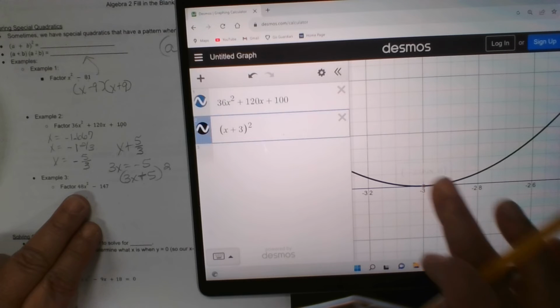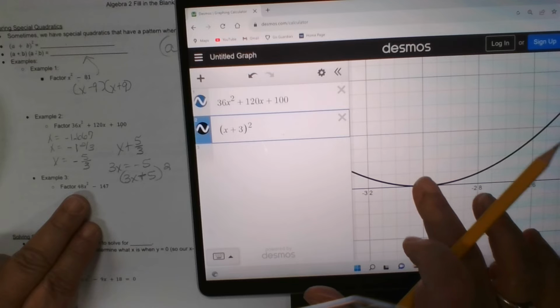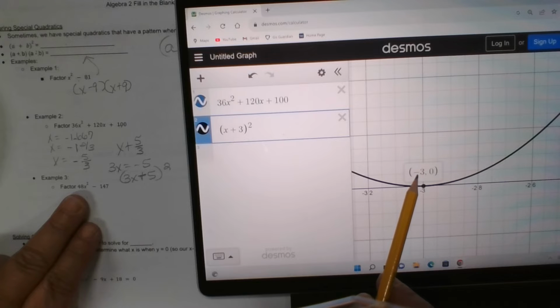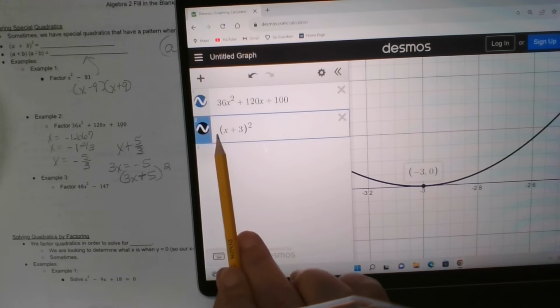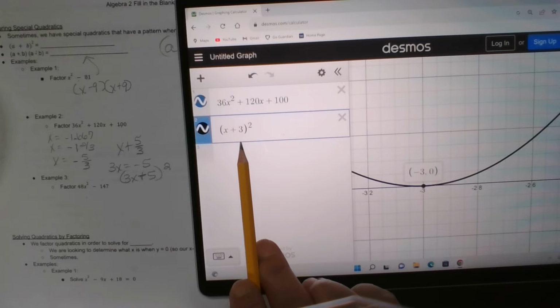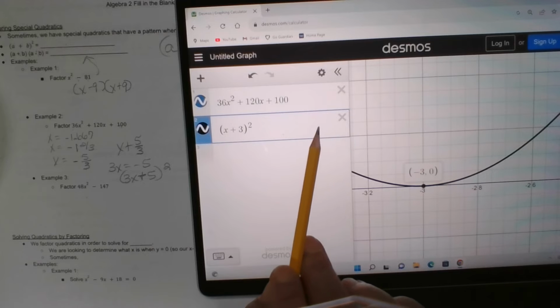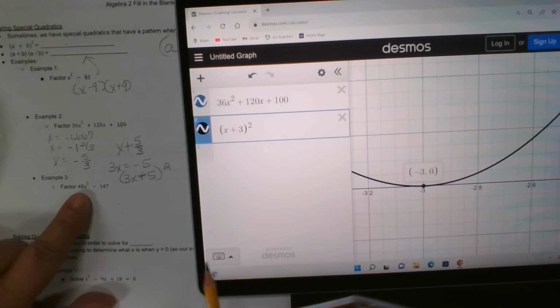Its vertex point is right there on the x-axis, and it is at negative 3. That's the factors for the quadratic that would look like x squared plus 6x plus 9.